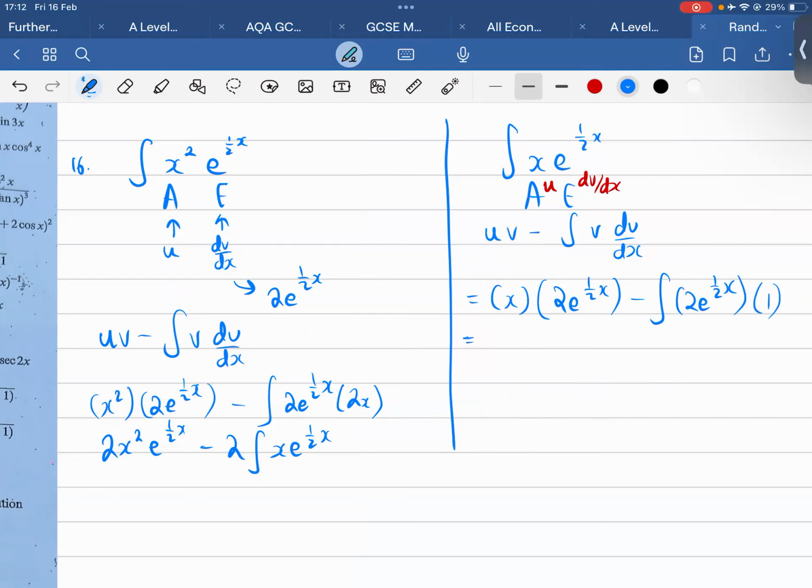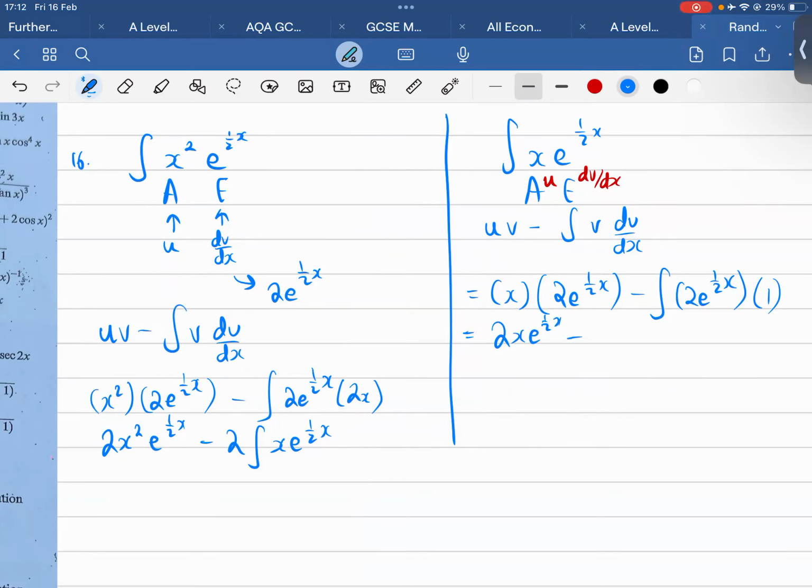See, that's working, right? So 2x e to the half x, I've tidied it up as well, minus 2 integrate e to the half x, which is 2x e to the half x minus 2 e to the half x plus c. We don't need to put the plus c because we're going to put it in more stuff.